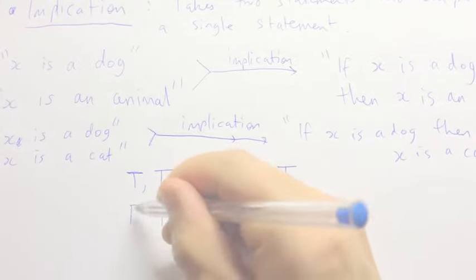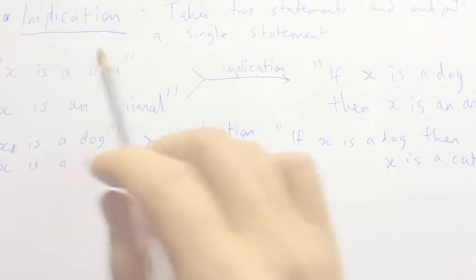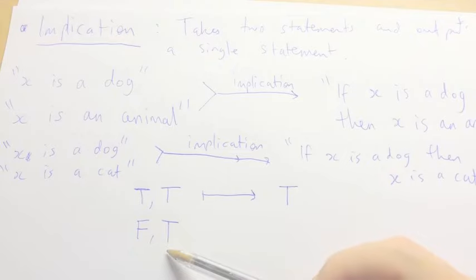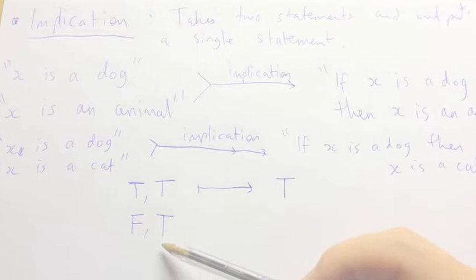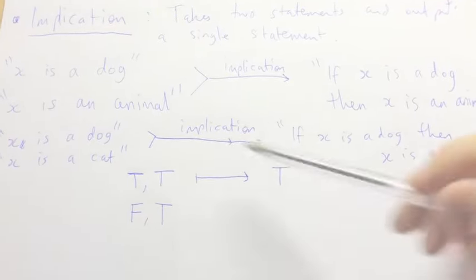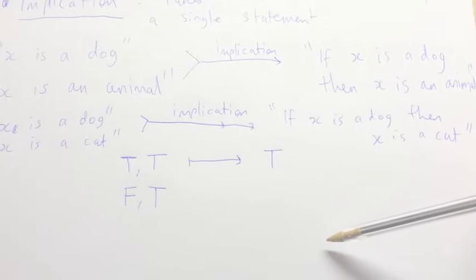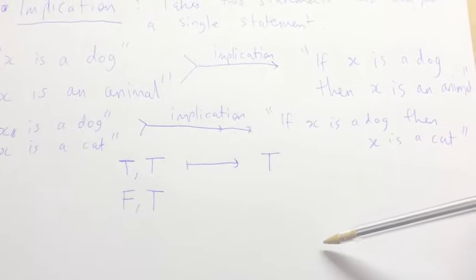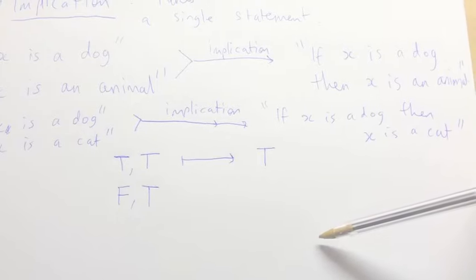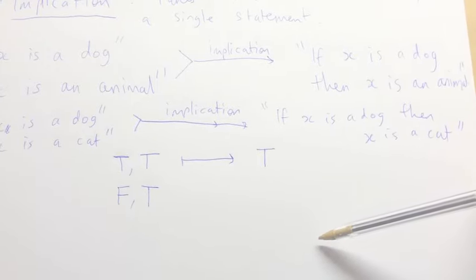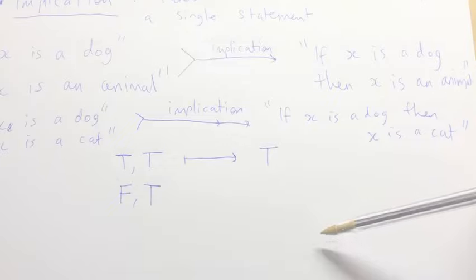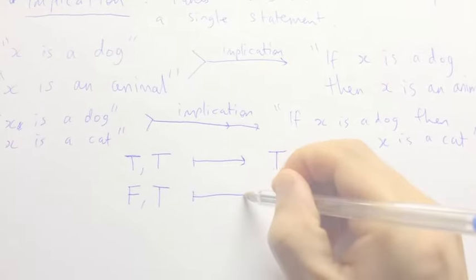So it's false for the first one. X is not a dog, and it's a cat, so it's an animal. Well, this is still going to be true.